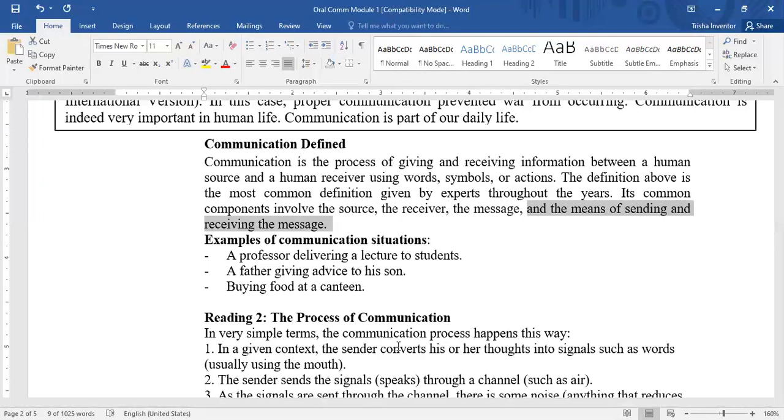When we say means, this word means ways, so that I can send you the message and you will receive the message. So as of now, in this kind of setup, the means of sending and receiving the message between us is through this video.